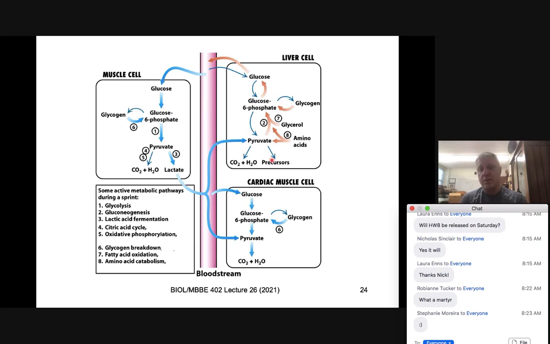Pyruvate will also be utilized in producing some biological precursors, which we'll talk about later on. But ultimately, if we have too much energy, and now we've got a surplus of glucose 6-phosphate, we're going to produce glycogen and store that glucose in the liver. But also, in the same situation, we're going to see an increased glucose level in the bloodstream.